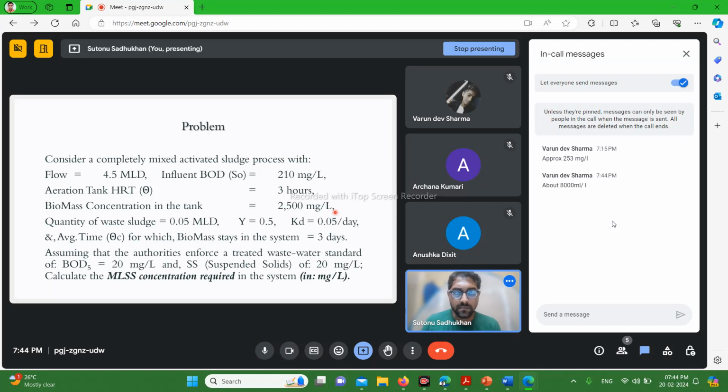formula. So these are actually gradually some deeper concepts coming into the picture. These will be required while designing your activated sludge process for wastewater treatment. There is a good book called Metcalf, I don't remember the full name of the author, the surname is Metcalf, I think.